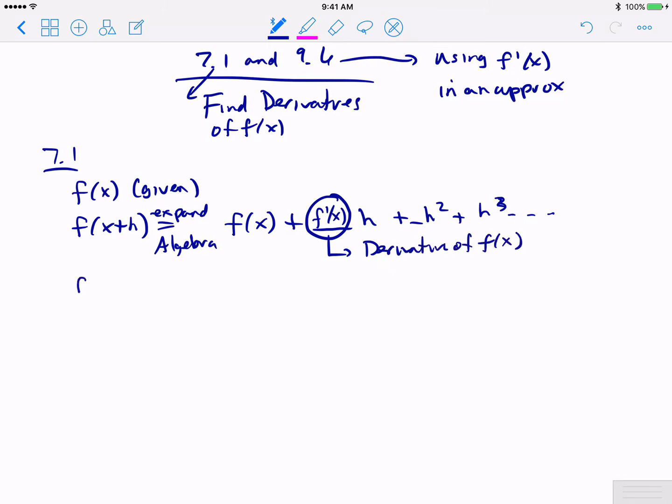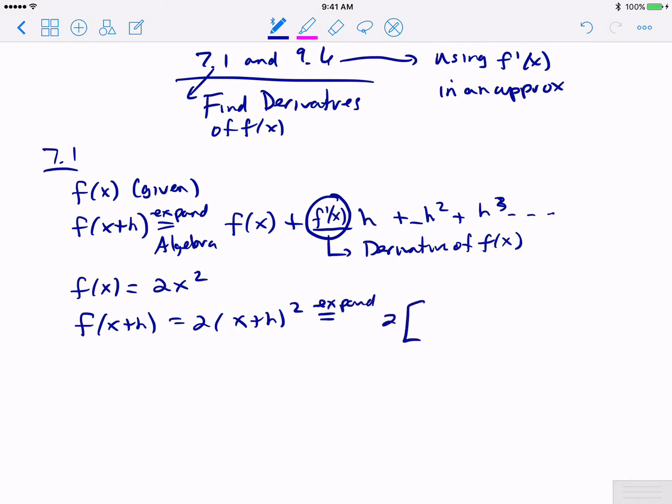And for most of the functions that we are looking at, for example 2x squared is your function. If you compute f of x plus h, you will get 2 times x plus h squared. If you expand, you will get x squared plus 2xh plus h squared. Distribute the 2 to get 4xh plus 2h squared.